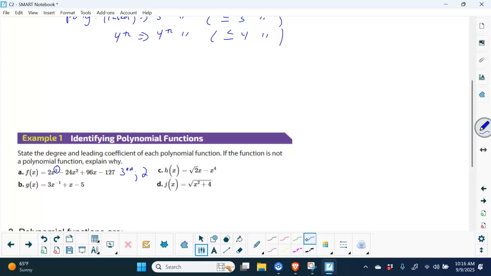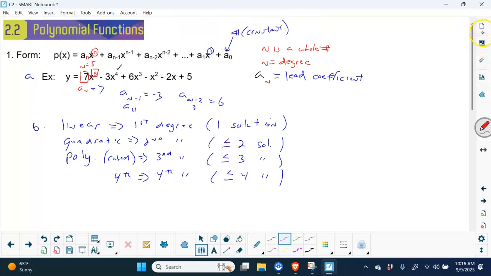Okay, looking at B. First off, is B a polynomial function, yes or no? Well, we can't have negatives. If you go back up here, remember I said n is a whole number.